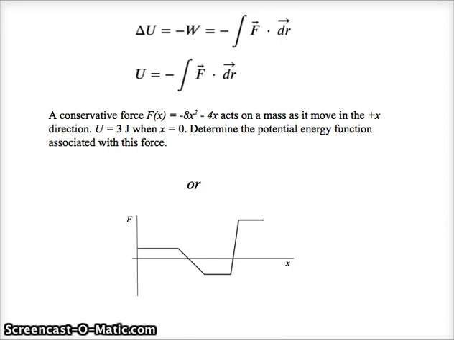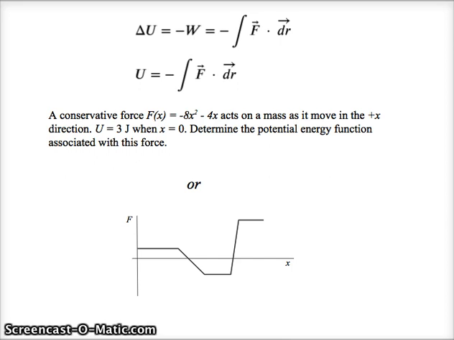If you want to write potential energy as an actual function, then you would do that as an integral and include a constant value added when you integrate, and that constant value would be the initial value of potential energy.